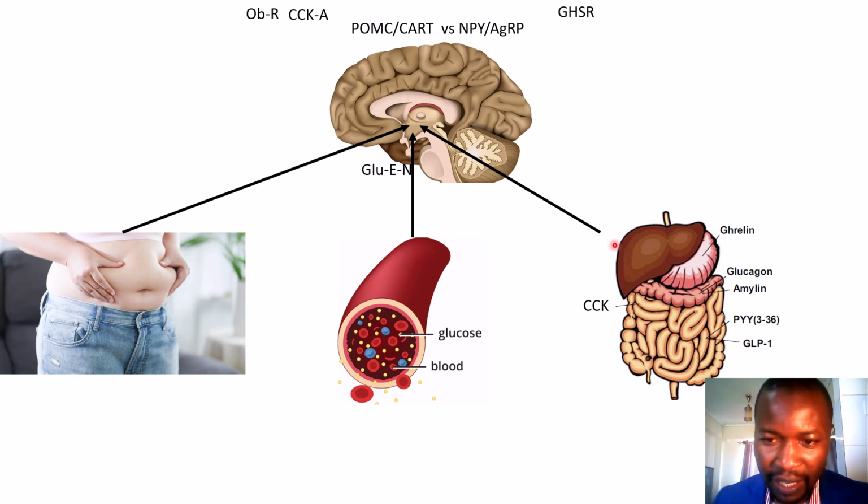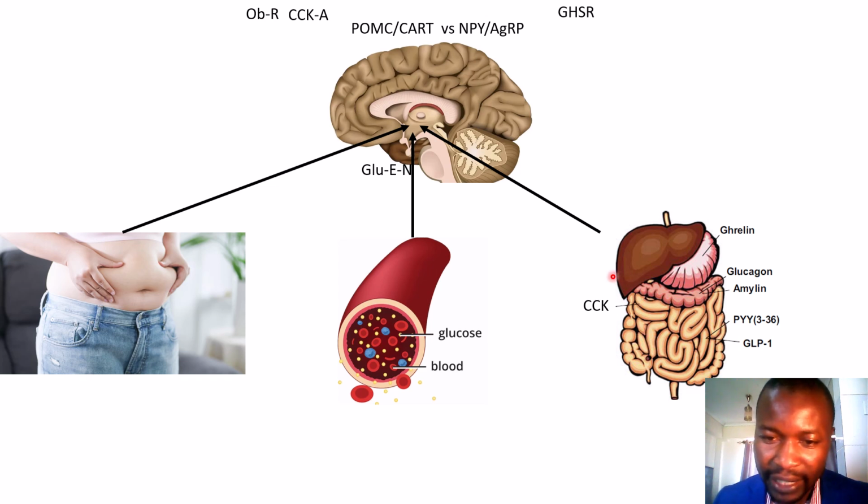We have almost four elements. Number one, whenever you are eating, remember the food is getting into the digestive system. When it gets all the way to the duodenum, we usually have enteroendocrine glands, and these enteroendocrine glands make certain hormones whenever they receive elements of food.